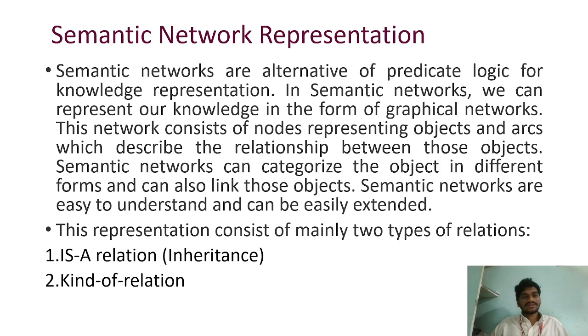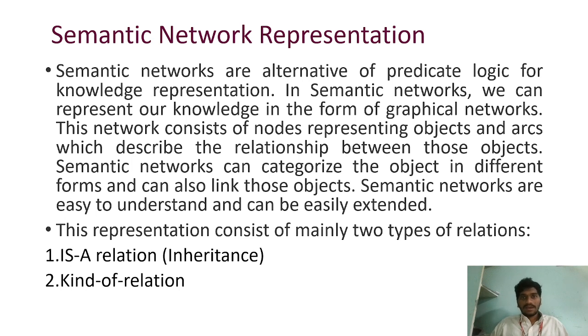The next representation is semantic network representation. Semantic networks are an alternative to predicate logic for knowledge representation. In semantic networks, we can represent our knowledge in the form of graphical networks. This network consists of nodes representing objects and arcs which describe the relationship between those objects.